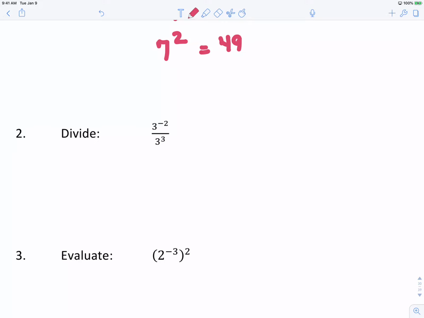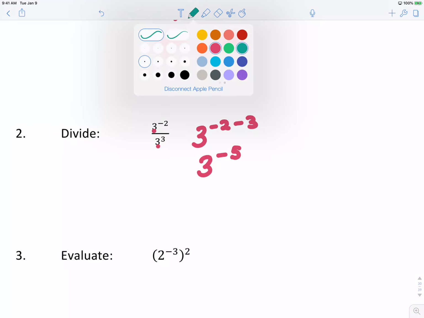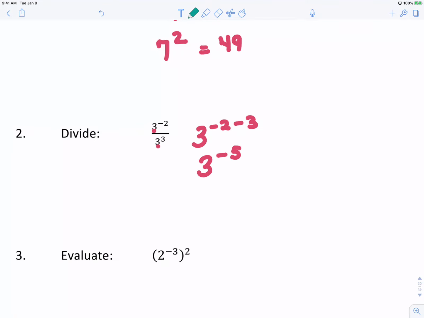Number 2, the bases are the same, 3. So what I'm going to do is subtract my exponents and get a -5. But I'm not going to leave that because we learned in the beginning of this lesson that a negative exponent tells me to flip that base.